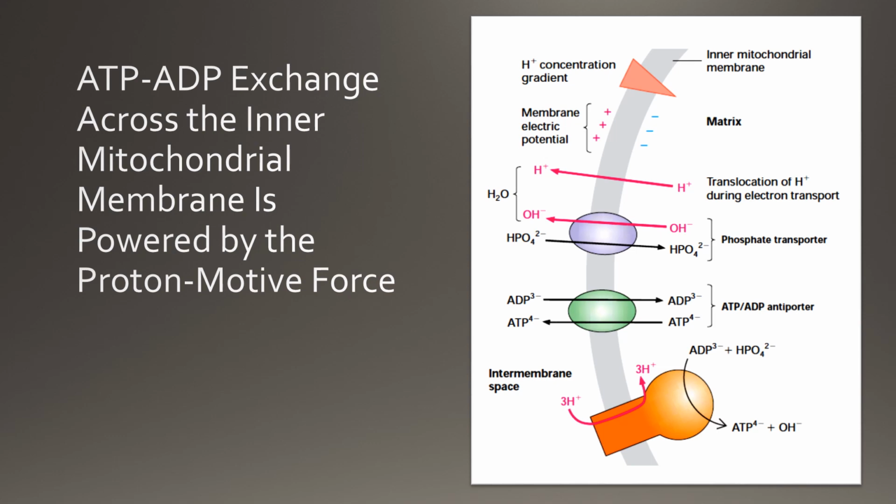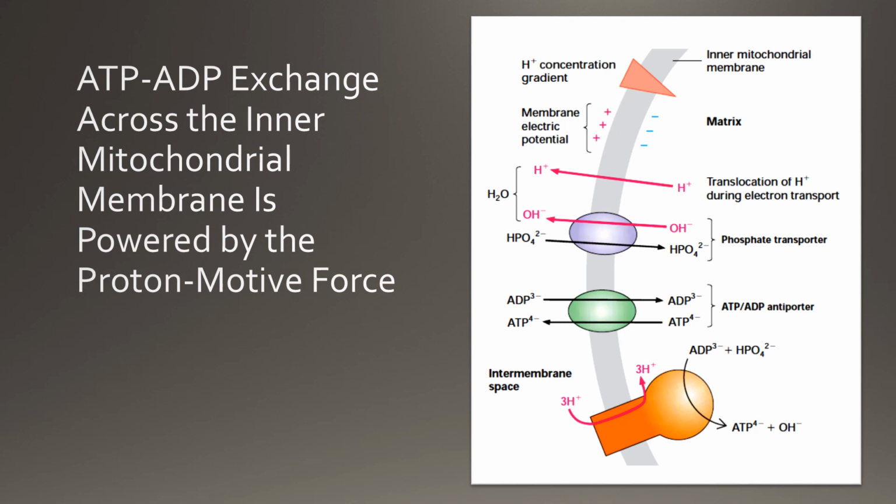Functioning of the two antiporters together produces an influx of one ADP and one inorganic phosphate and an efflux of one ATP together with one hydroxyl ion. Each hydroxyl ion transported outward combines with a proton translocated during electron transport into the intermembrane space to form water.